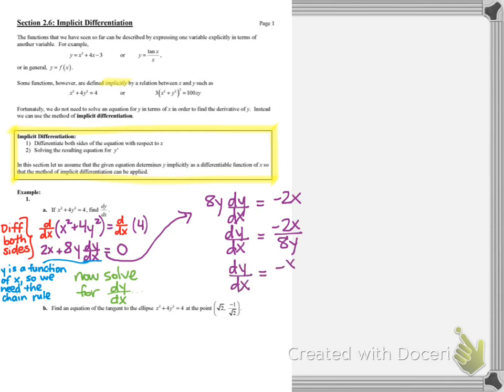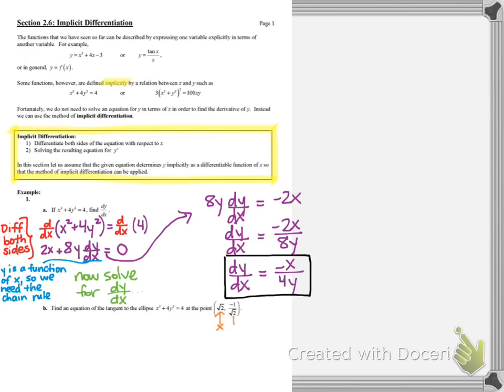So our derivative with respect to x, the derivative of y, is negative x over 4y. Part B asks us to find the equation of the tangent line to this ellipse. This equation that you see is the same equation from letter A. So if we have to find the equation of the tangent line, we would first need to find the derivative at that point. In part A, we found the general derivative.